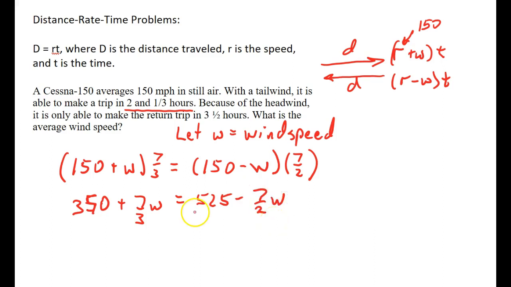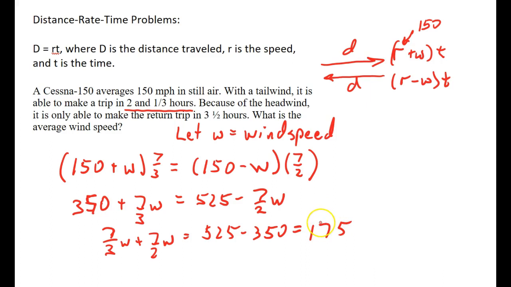Okay, get all the W's on one side, so I'm going to add 7/2 W to both sides. Equals 525 minus 350, which is equal to 175.